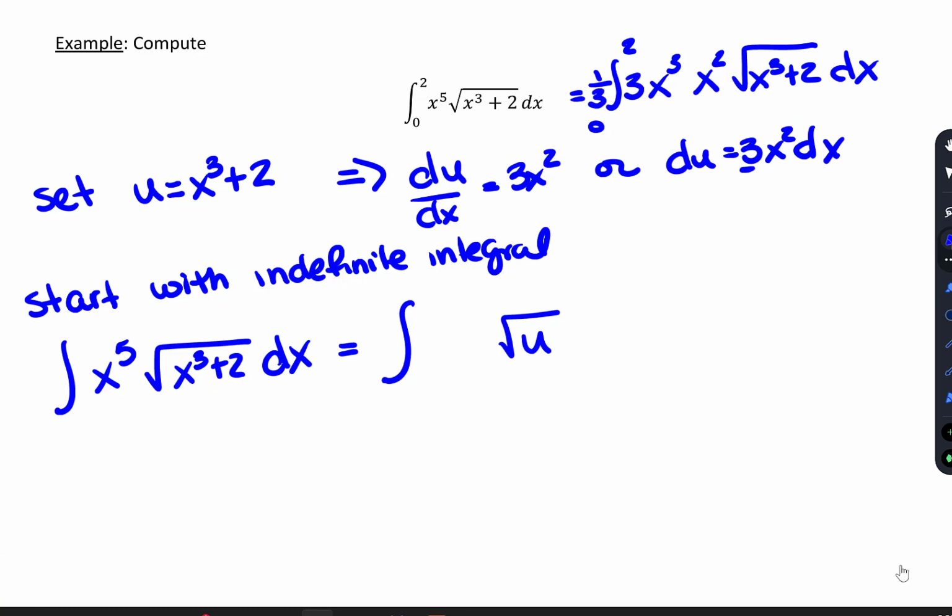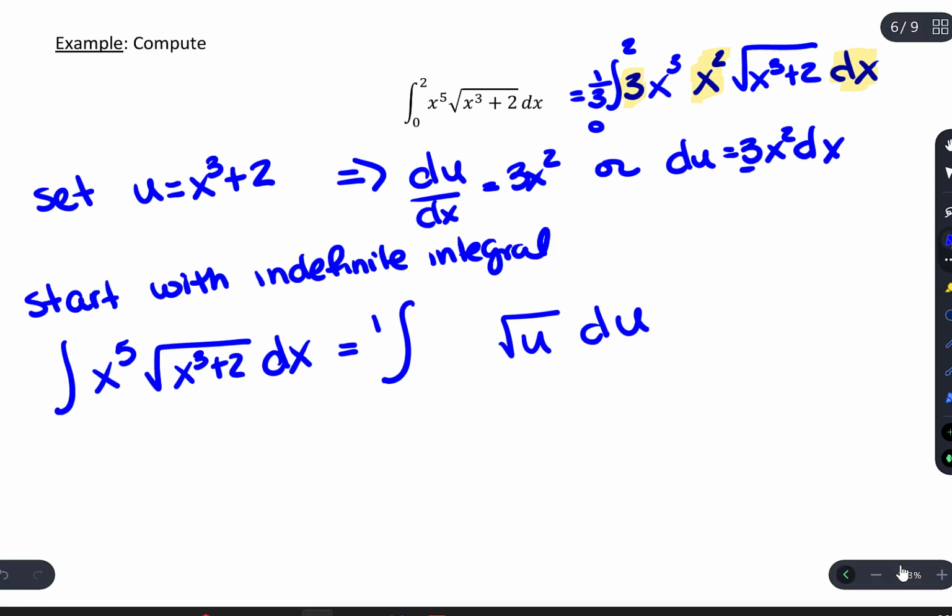If we write it this way, now notice that in order to get our du, du is equal to 3x squared dx. That will take care of these 3 pieces, but that still leaves me with a 1/3 x cubed.